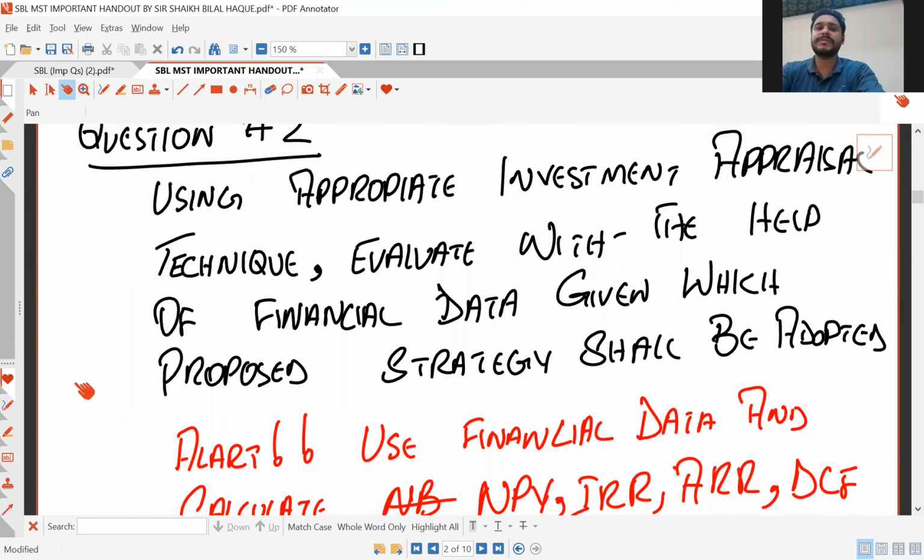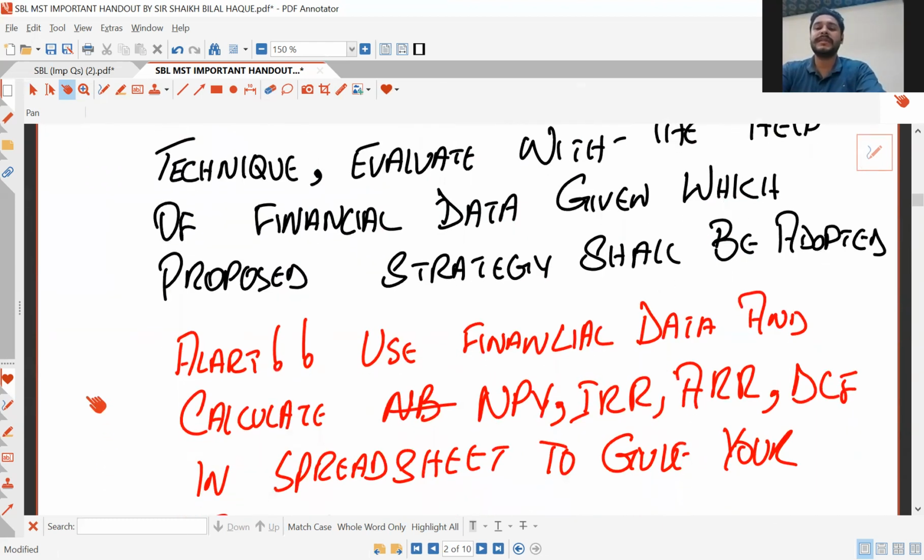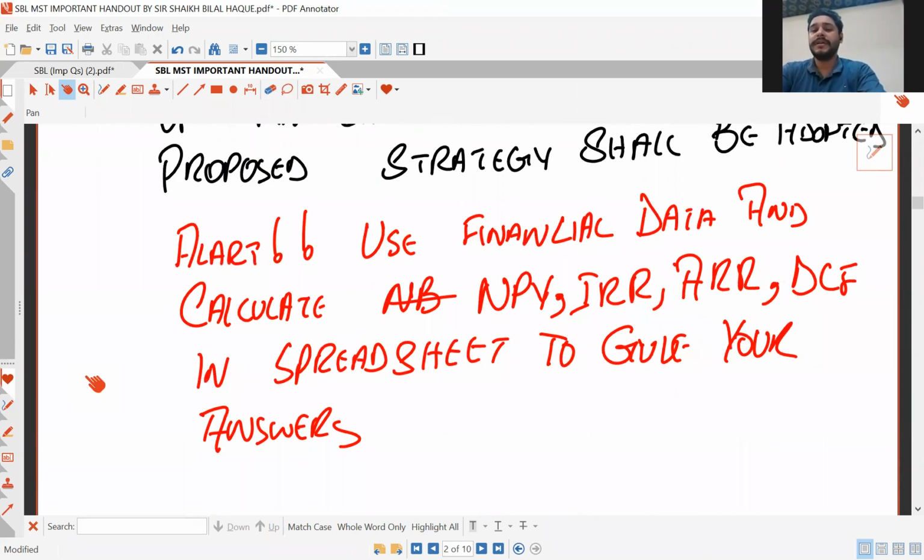asked question is, using the appropriate investment appraisal technique, evaluate with the help of the financial data given the proposed strategy which shall be adopted. Alert, use financial data to calculate. More specifically, I have told you many times that for the financial data, you will be using the NPV, the IRR, the ARR, discounted cash flows.